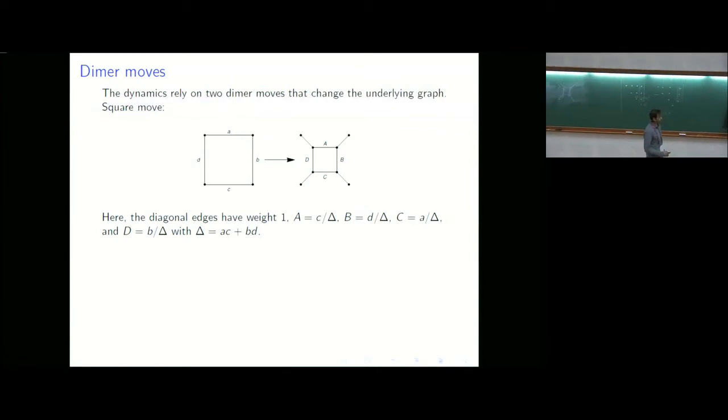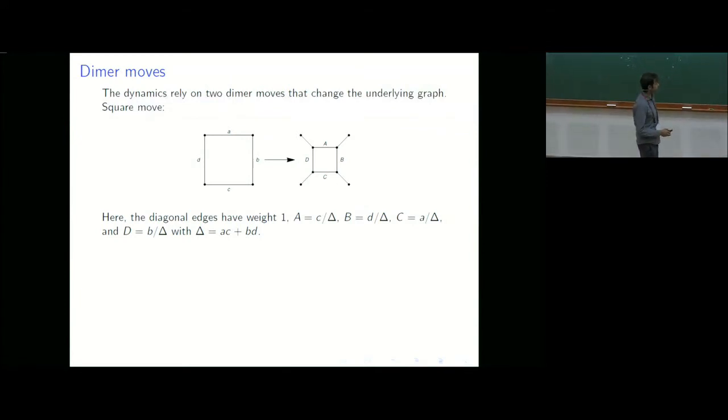It turns out that in order to get the correspondence, you need to introduce this delta, and this delta is equal to AC plus BD. And the way that you get that is just going through all configurations and working them out.